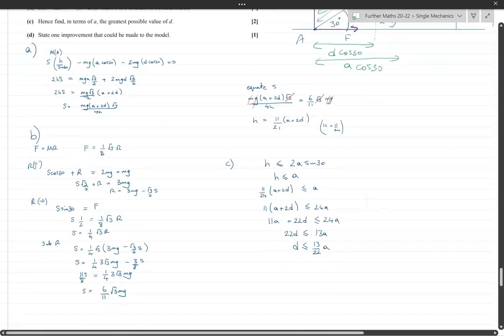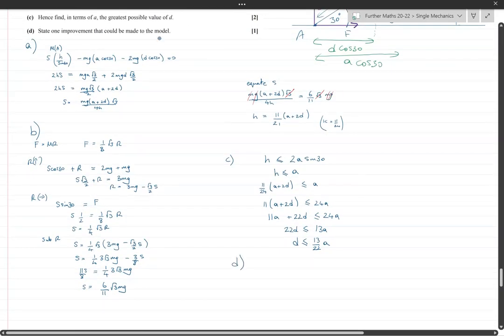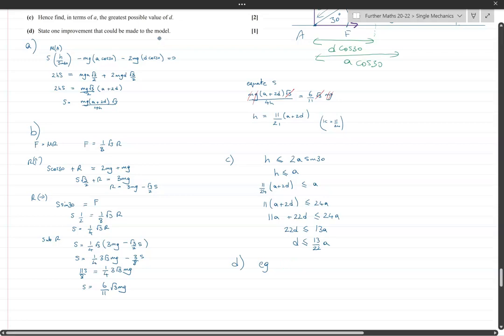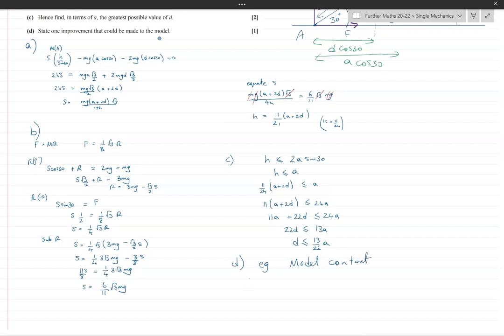It's not the only possible answer, but we could say: model contact between ladder and wall as rough.